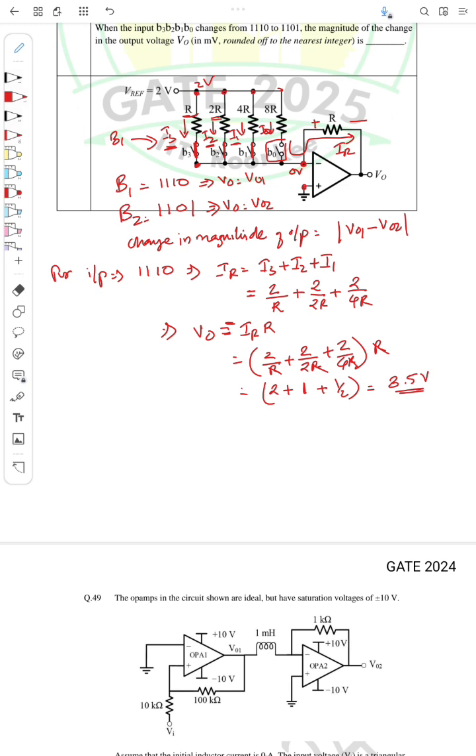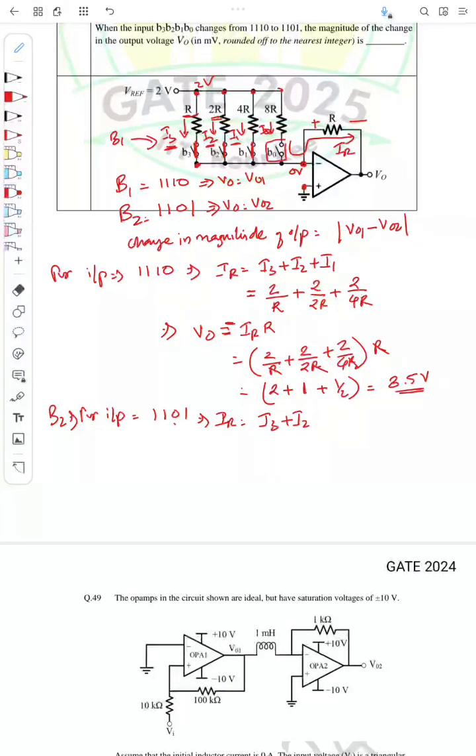Now for input 1101, that is B2, what will be IR now? IR will be due to I3, I2, and I0, and I1 will be 0 now because this is 0.